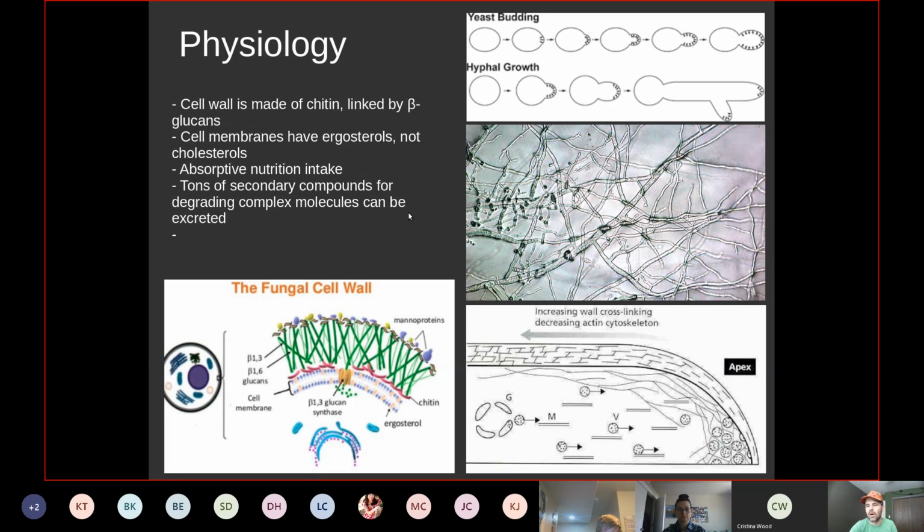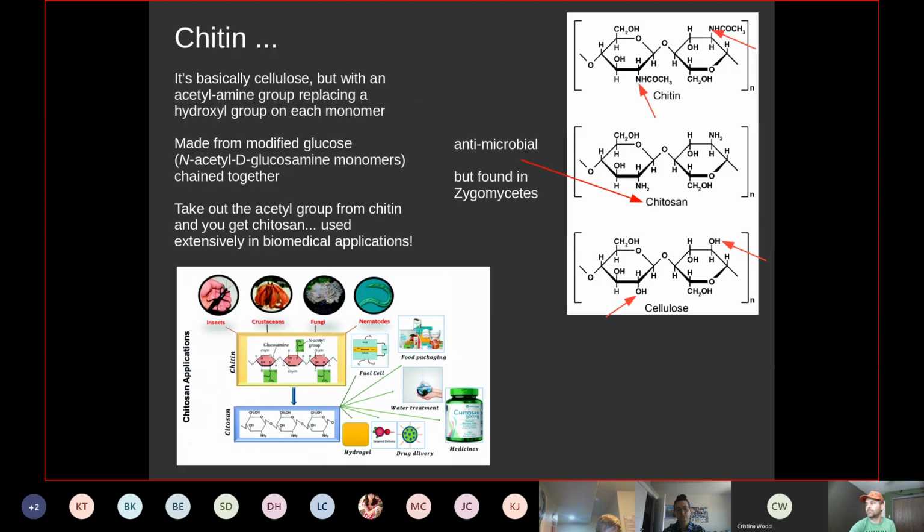I don't want you to get too hung up on it. There's a million things you could learn about fungal ultrastructure beyond this class. But chitin is essentially cellulose. At the bottom here, this is cellulose polymer. Chitosan is found in some groups, and there's chitin.